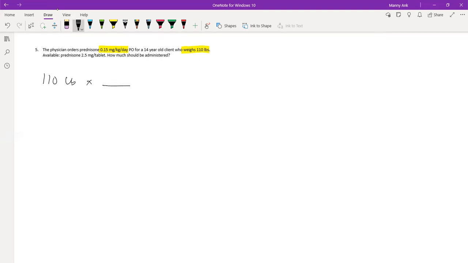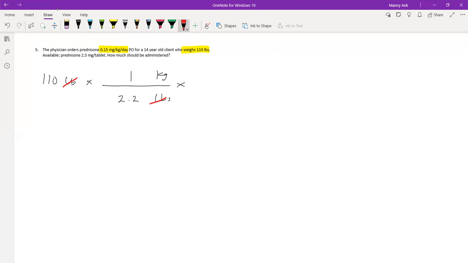So I'm going to multiply by the conversion factor. I need to have pounds here and then the kilograms there. What's the relationship? 2.2 pounds is 1 kilogram. If I check the units, pounds cross out, and the answer will be in kilograms.